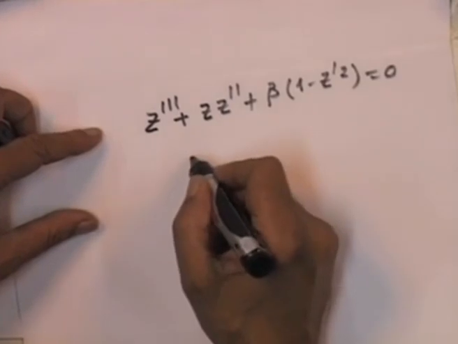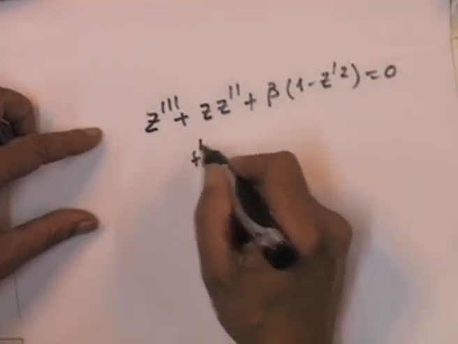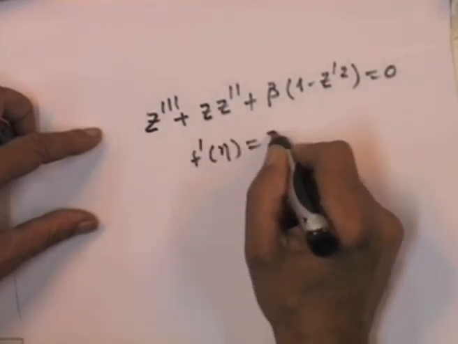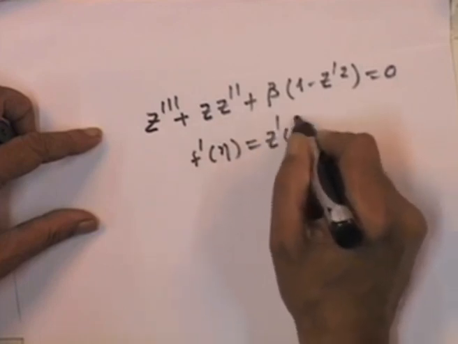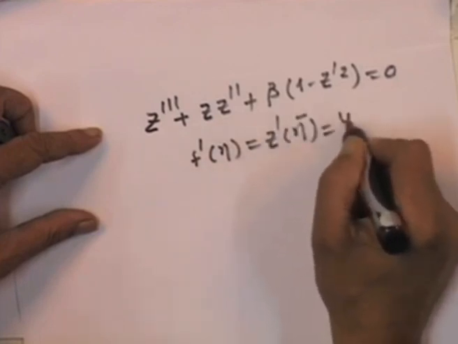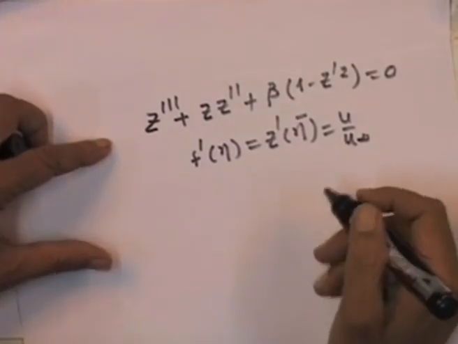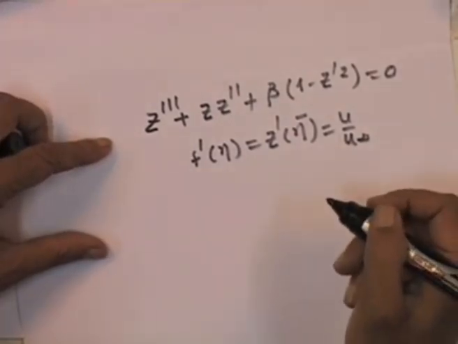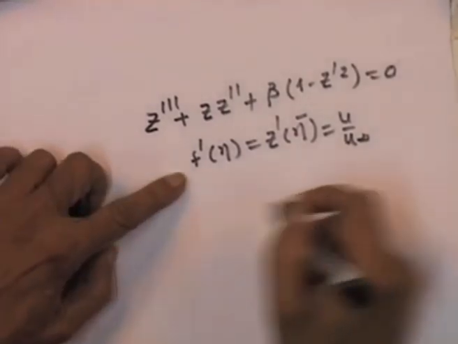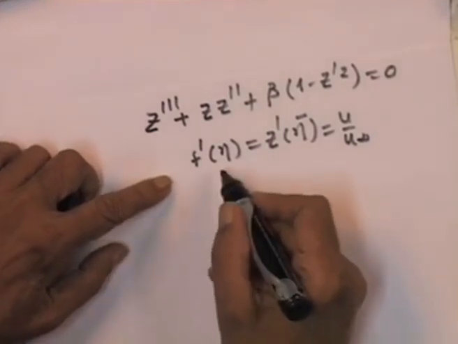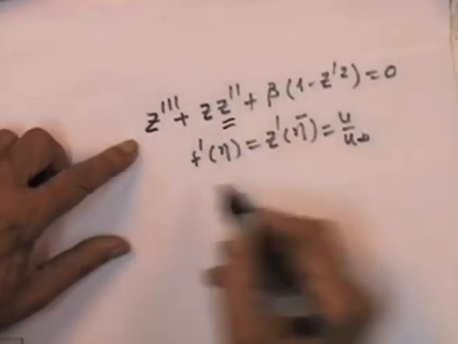Remember, I have said f dash eta equal to z dash eta bar equal to u over u infinity. So, you can see now what would be z double prime.